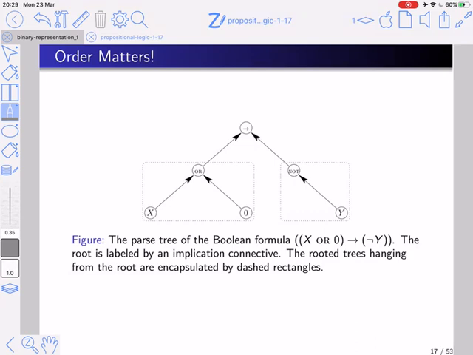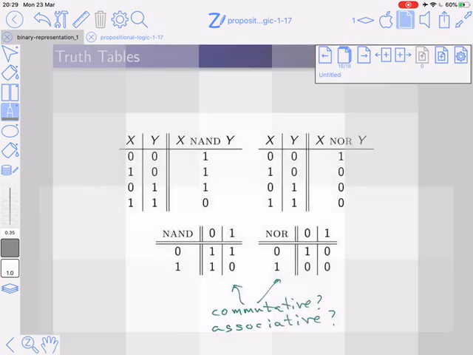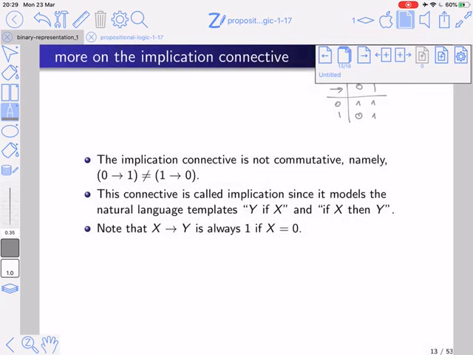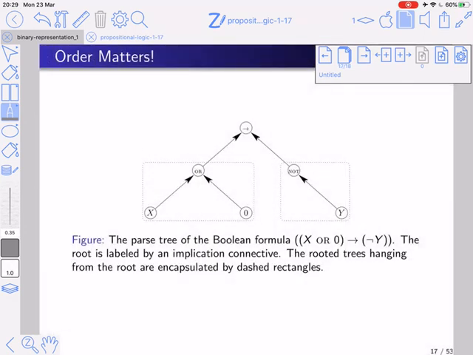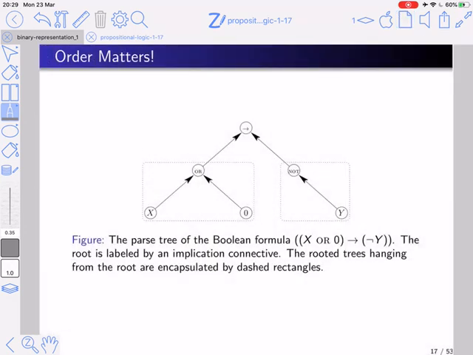Now, when we talk about parse trees or about Boolean formulas, order matters. Here in the root we have the label of the implication connective, which we saw is not commutative. So it is important that we understand that this part is the left subtree hanging from the root, and this part is the right subtree hanging from the root.